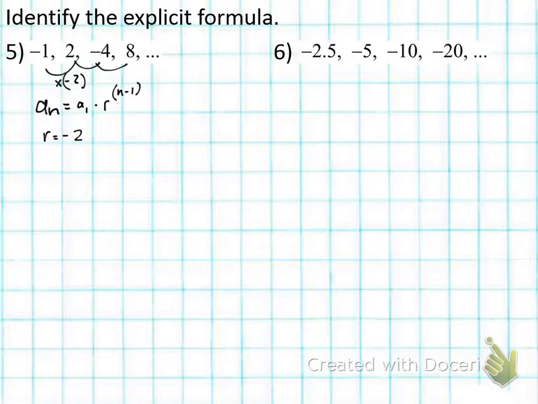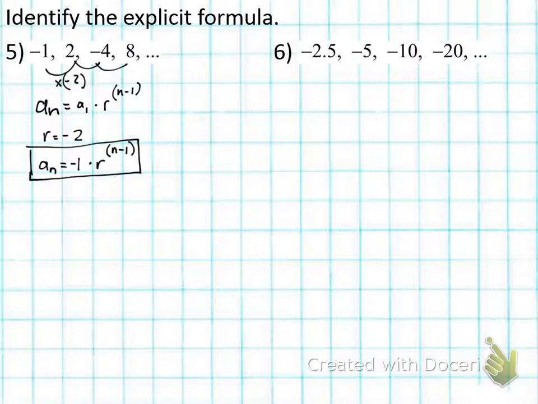Then to write the explicit formula for this particular sequence, all we need to do is write a sub n is equal to our first term, which is -1, times r, and r in this case is -2, and then we write n minus 1.